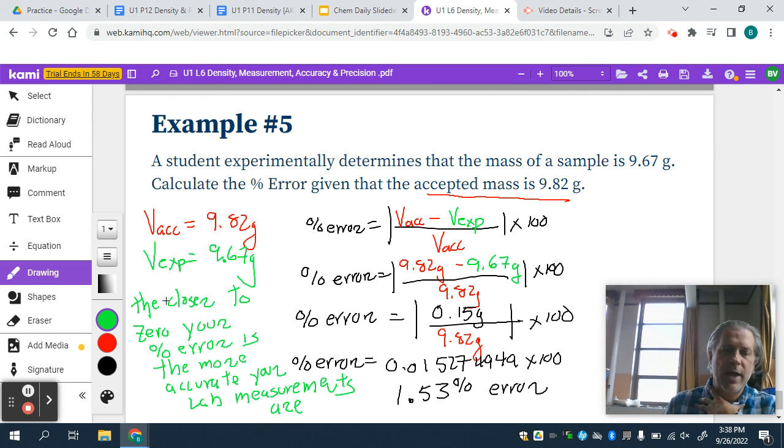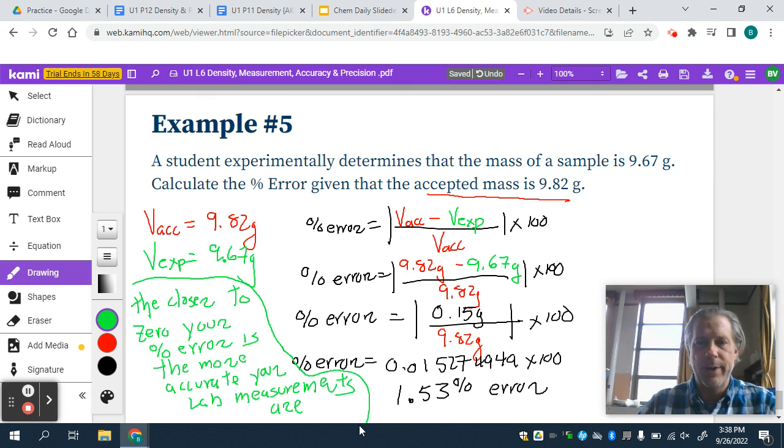Okay. So that's something important to note, is that we want our percent error to be really small. We don't want it to be big.